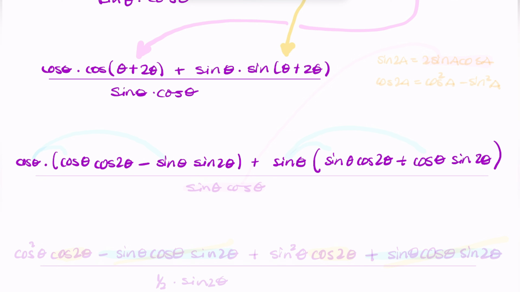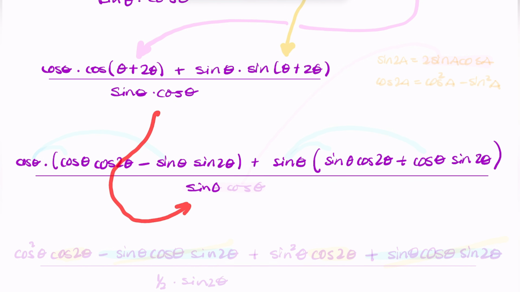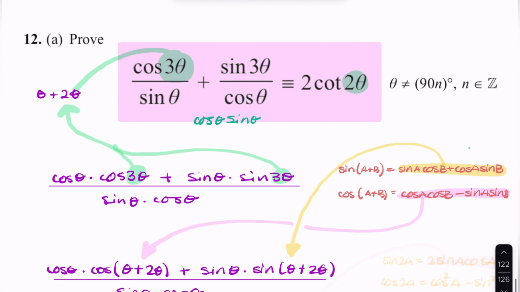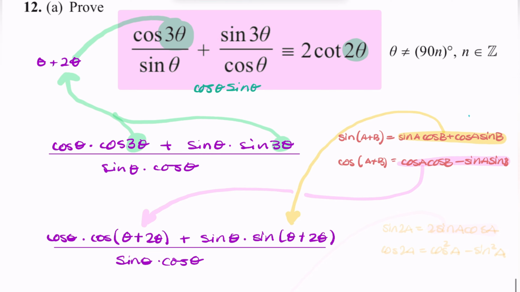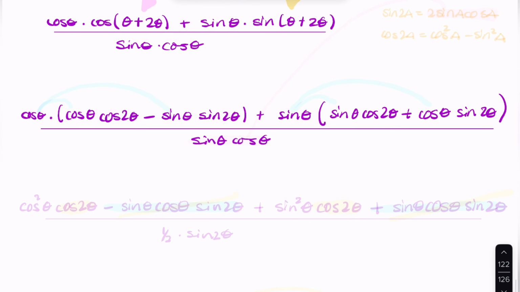And again, all of that is divided by sine theta cosine theta. So we're making progress, but our expression has become bigger, more complex. Remember, in the end, we want this to look like 2 cotan 2 theta. So we need to get rid of all the thetas, and we need to end up with 2 theta only.